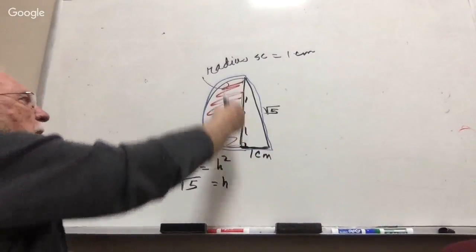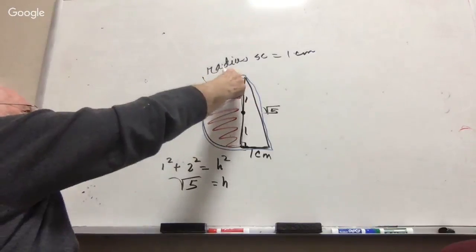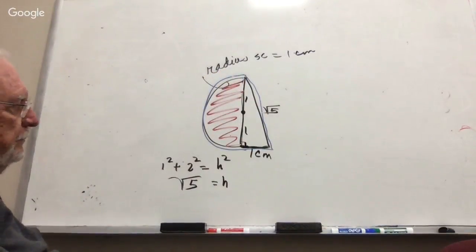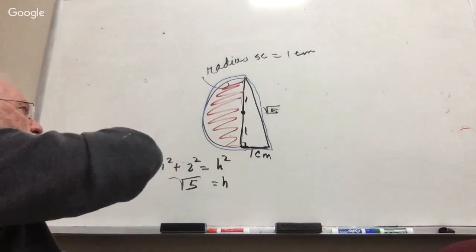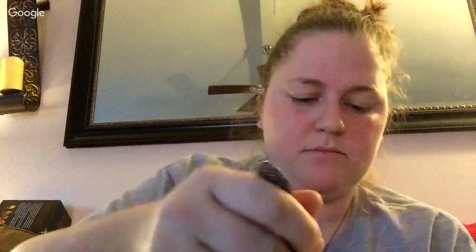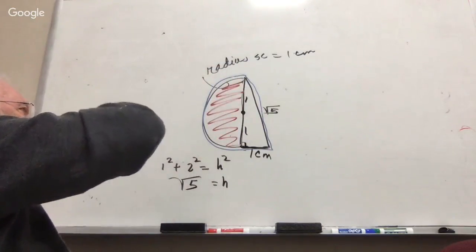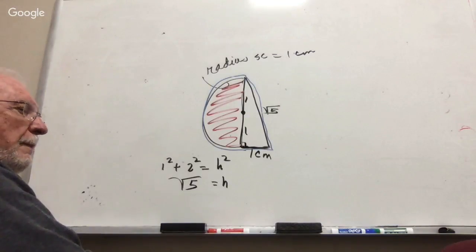We know this. So all we've got left to do now is to find the distance around the outside of this semicircle. Well, we know it's 180 degrees, but I don't know if that helps us. If I'm trying to find the distance around, what's another name for distance around in a circle?